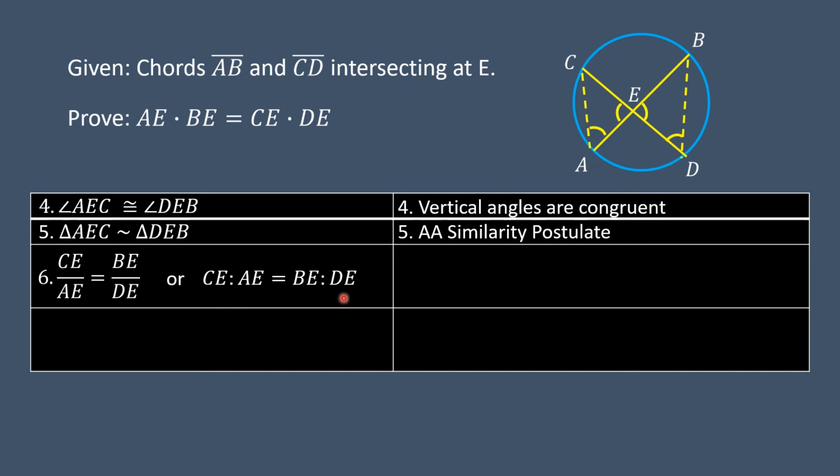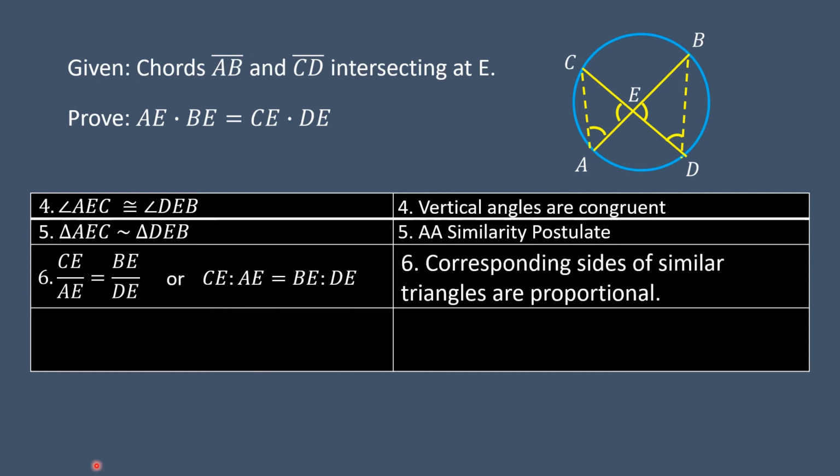CE and DE are called extremes. The product of the means is equal to the product of the extremes. So, AE times BE is equal to CE times DE. The reason for statement number 6 is corresponding sides of similar triangles are proportional.